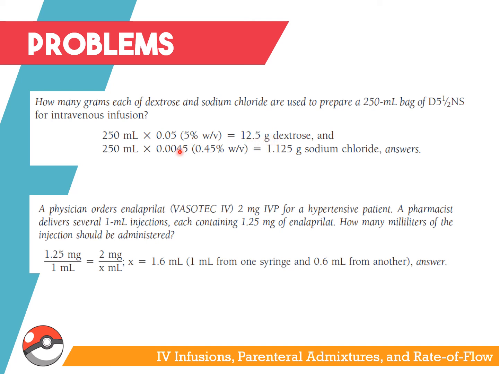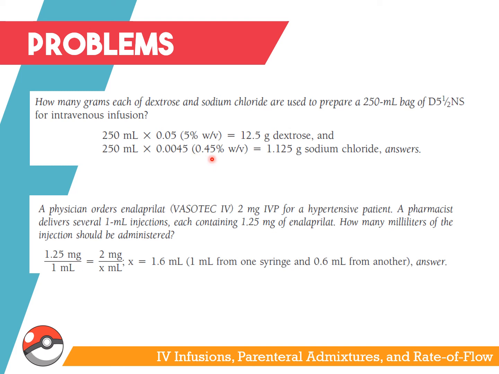Next, for the 1/2 normal saline solution, you would expect that it would be 0.5, but no, it is not. Why? Because a normal saline solution is 0.9%. Okay, and what is half of 0.9? It is 0.45%. So we will do what we did with the computation for dextrose.